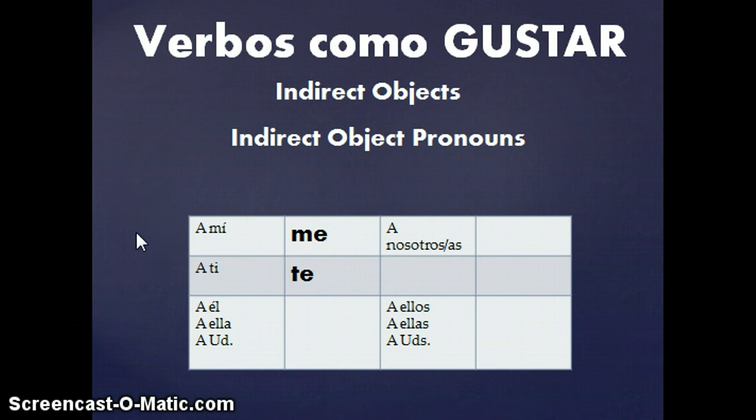Te gusta, le gusta, nos gusta, and les gusta. There is your grid of the indirect object pronouns. One of these must always come right before the verb gustar or any verbs like gustar. You cannot have gustar without any of these indirect object pronouns first.